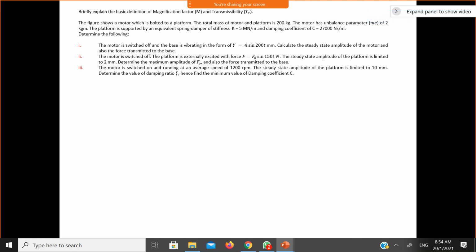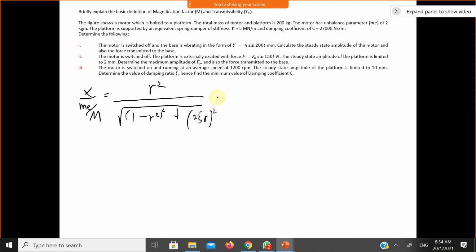Hence, find the minimum value of damping coefficient C. Dia nak damping ratio zeta dan juga damping coefficient C. So, kita ada rumus nombor 3, X over ME over M equals to R square over 1 minus R square plus 2 zeta R square.